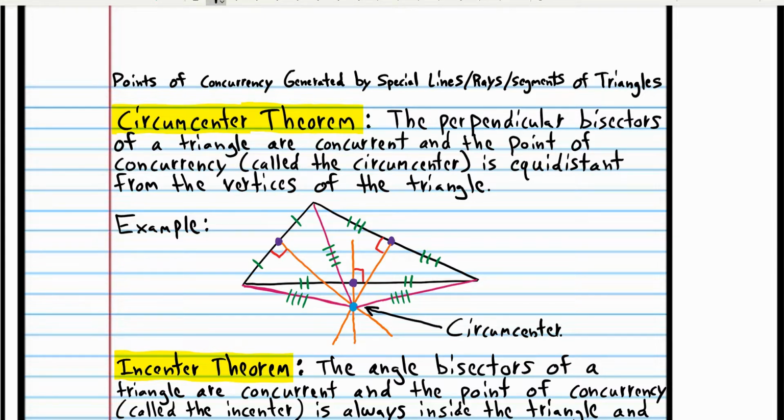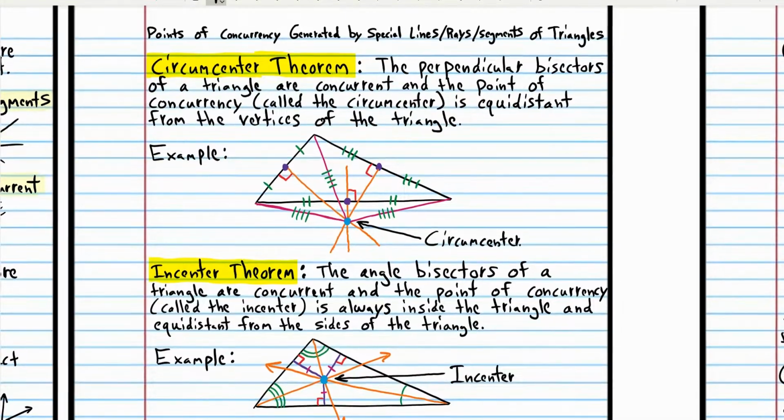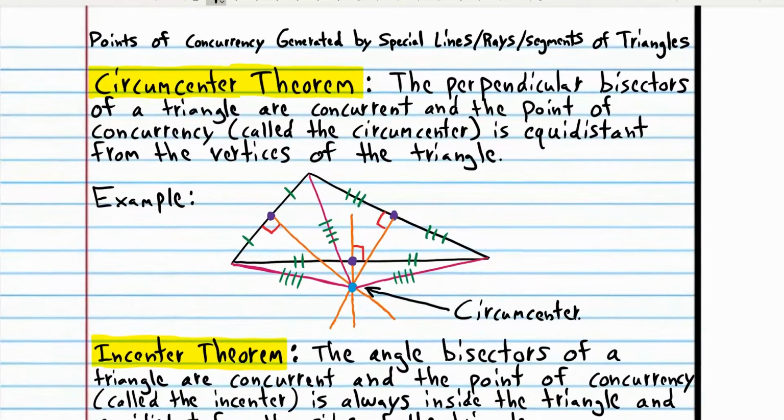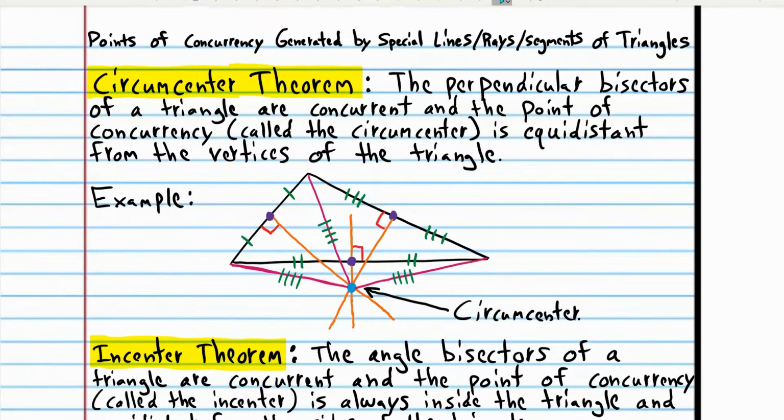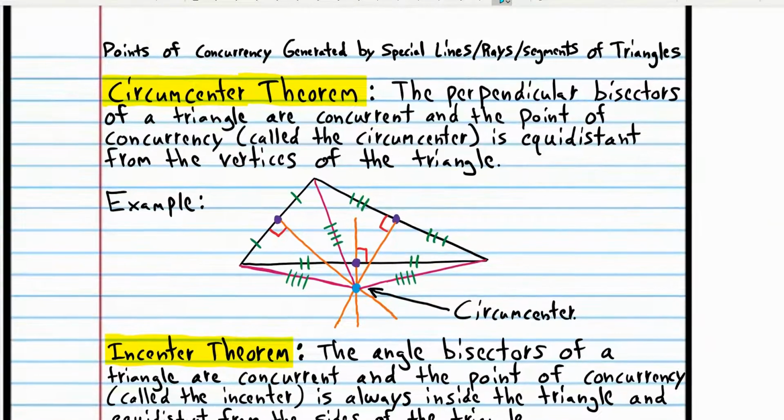We're going to learn 4 theorems. The first theorem is the Circumcenter Theorem, and I'm going to give you a chance to take screenshots of all these theorems, so don't worry about it. If you draw all of the perpendicular bisectors, here's a perpendicular bisector, here's a perpendicular bisector, here's a perpendicular bisector, it turns out that they're concurrent.